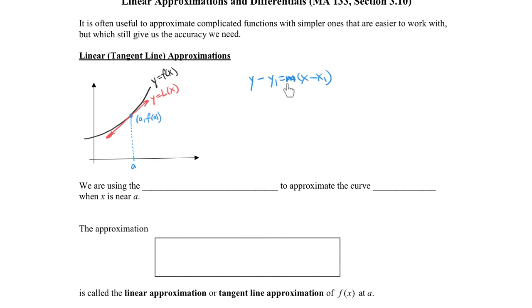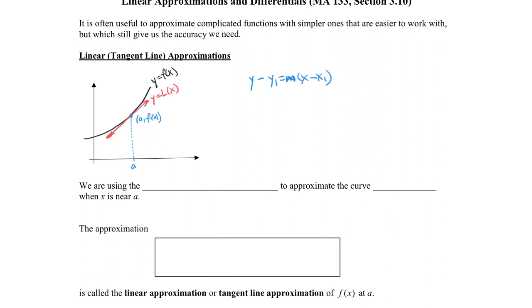We can find the slope, because isn't the slope of this tangent line at A equal to the derivative of this curve? You take the derivative of this function and plug in A, that gives you the slope, right? Because remember, the geometric equivalent of a derivative is a slope.